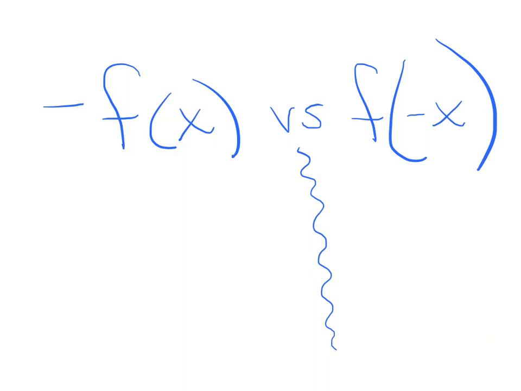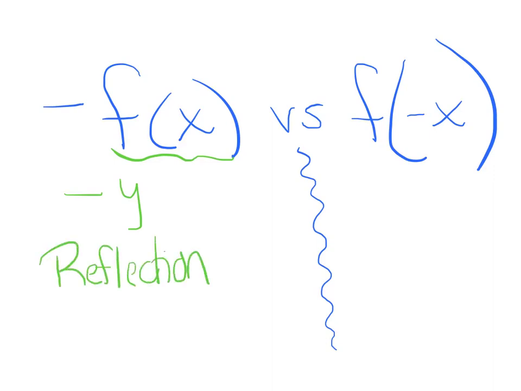Lastly, I've got one more translation for you. If I say negative f of x, I'm really saying take a negative, and this is fancy for y. If you negate the y, if you make the y negative, this is a reflection over the x-axis. Now compare that to this term. This one says f of negative x.